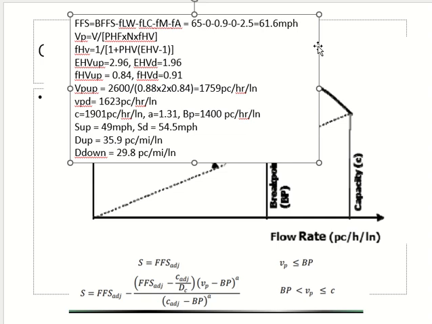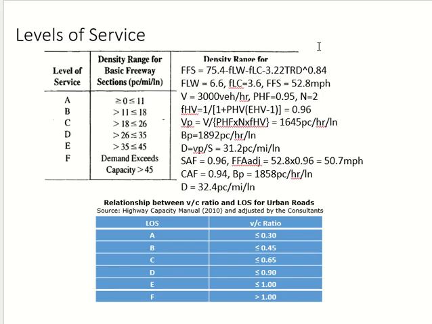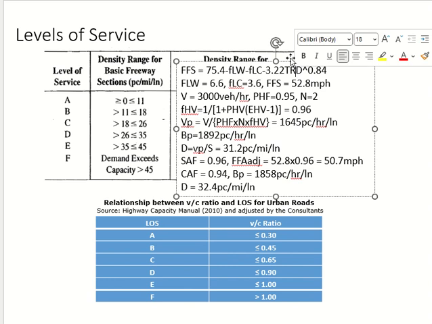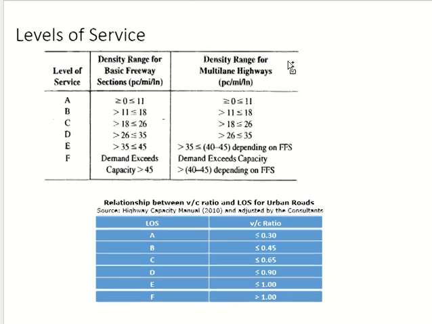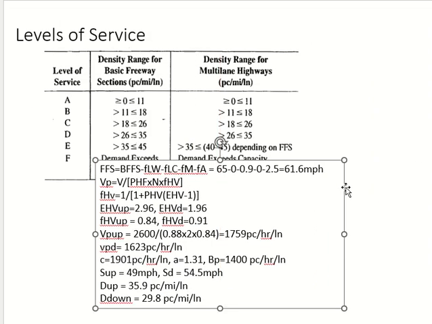Now for both these conditions, you can see the level of service. For the upward condition, I've crossed 35, so my level of service is now E. And for downward condition, I'm in this range, my level of service is D. So there is a change in the level of service, but you should recheck the value, by the way.